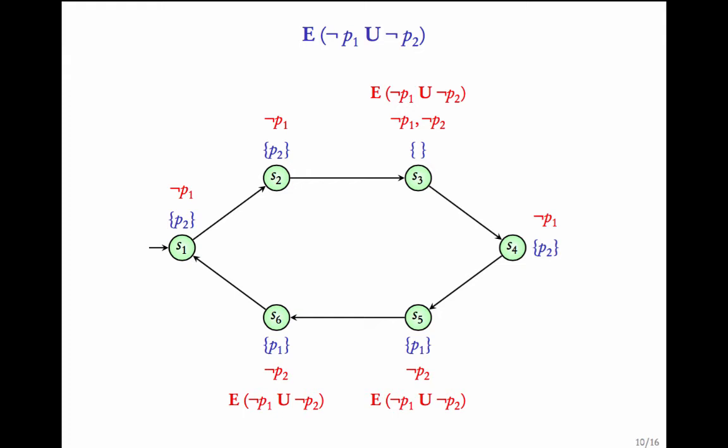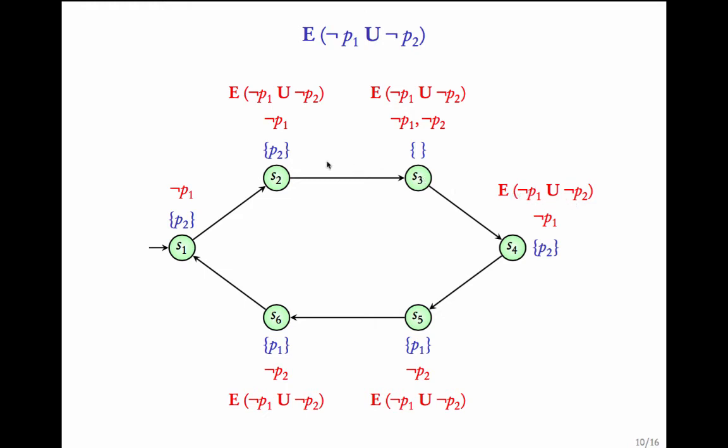Let us now look at the predecessors of these states. Look at S5. The predecessor of S6 is already marked. So let's look at S5. The predecessor of S5 is S4 and it satisfies not P1. So it has to be marked with E of not P1 until not P2.